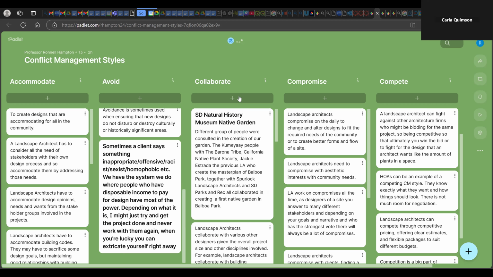So now is the time to change it, and the Natural History Museum is promoting that. It was a really good collaborative project that the landscape architect led, and the museum as well. Nice. And it looks like you engaged local native tribal groups as well. Yes, I forgot to say that.